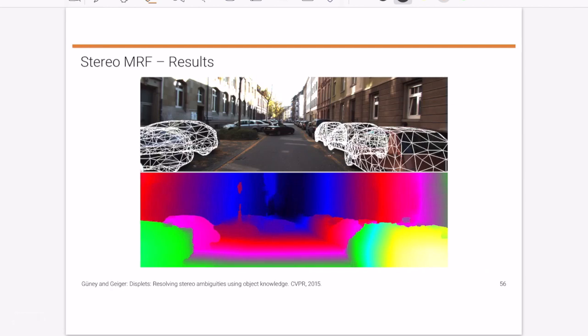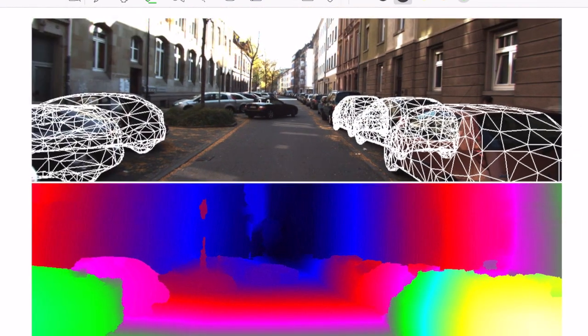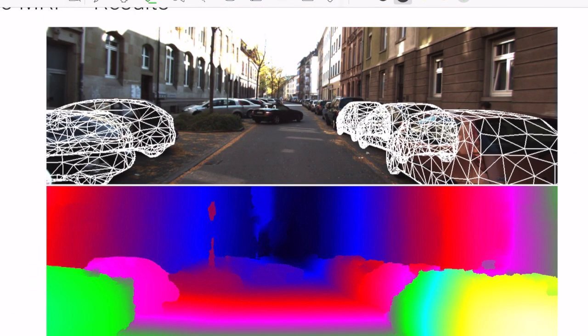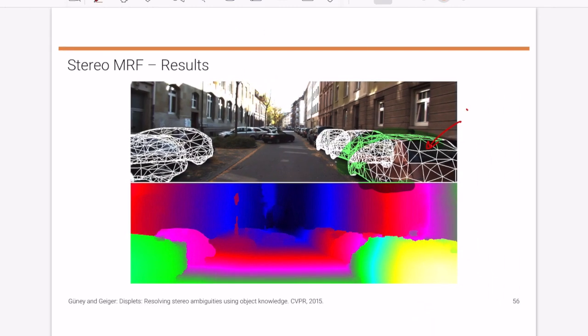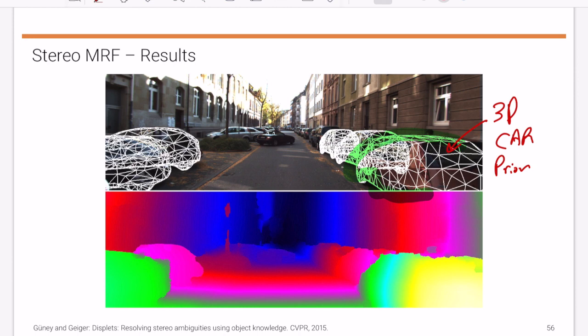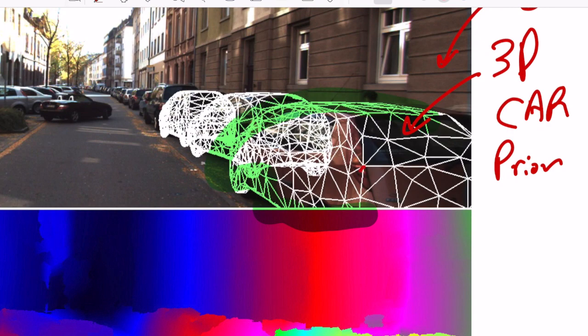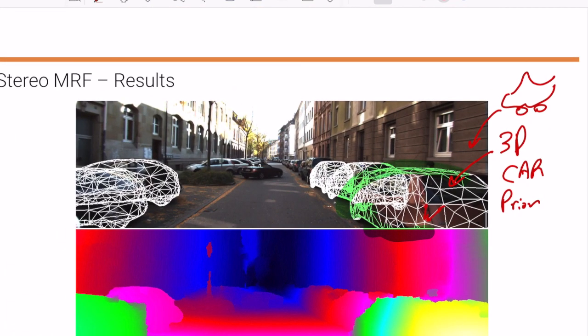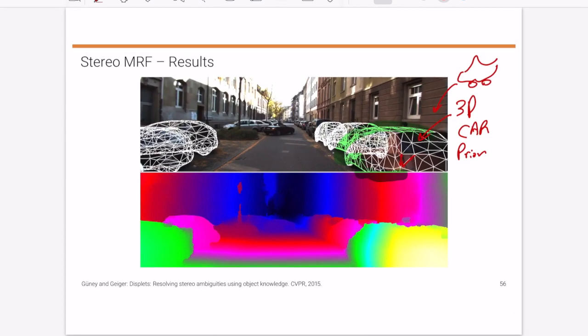Or in another paper, with another approach, if you're interested in some specific object like a car, for example, and you have a 3D car prior, then by just fitting some kind of 3D car model to the image space, we can give some spatial smoothness by considering such an explicit 3D model, a 3D prior.